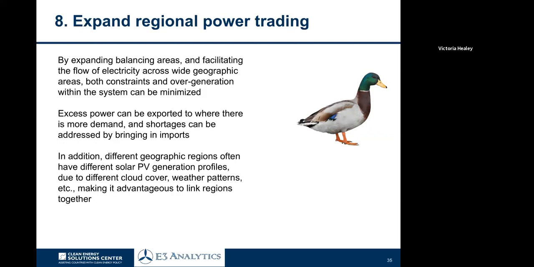The eighth is to expand balancing areas and allow more transmission. If you can import and export power, as we saw with the example of Germany in the beginning, Germany is a very highly networked electricity market. It benefits from strong electricity import-export ties to the Netherlands, to France, to the Czech Republic, to Poland and Austria.